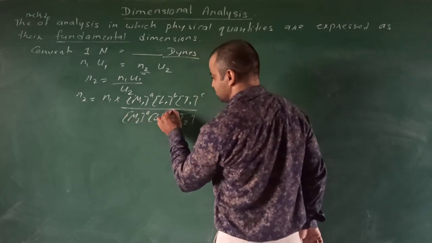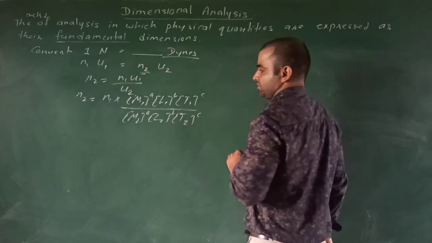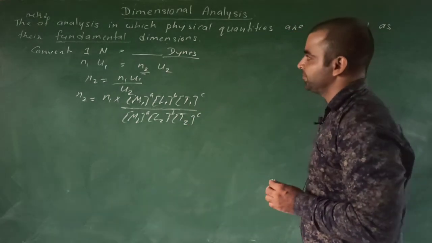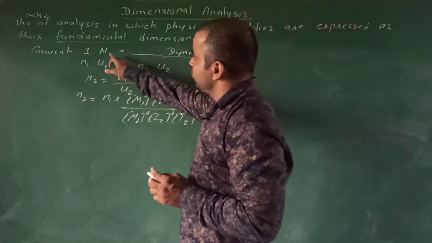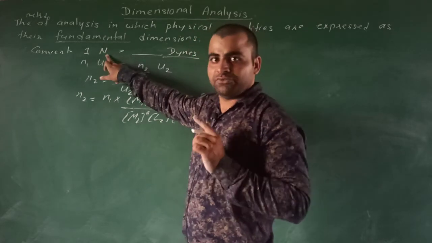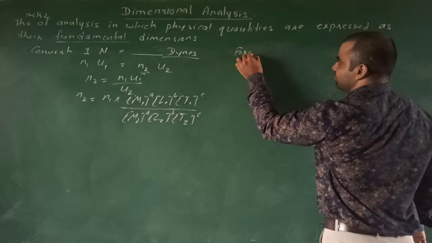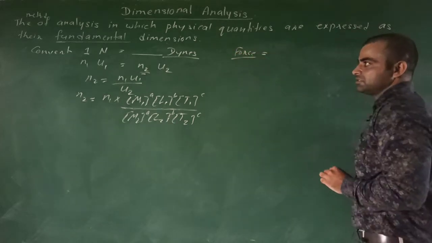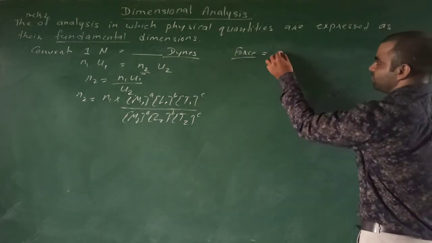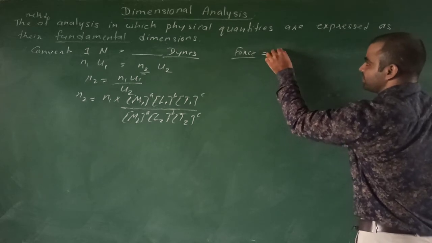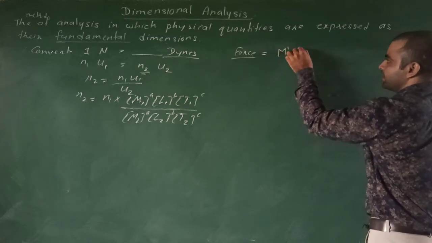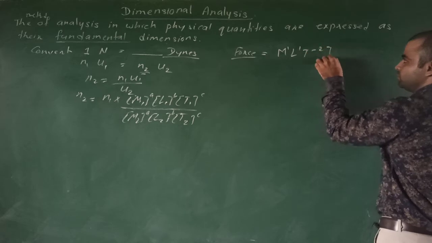We don't know about the powers, say a, b, c. And Newton is the SI unit of force, and the dimension for force is M L T minus 2.